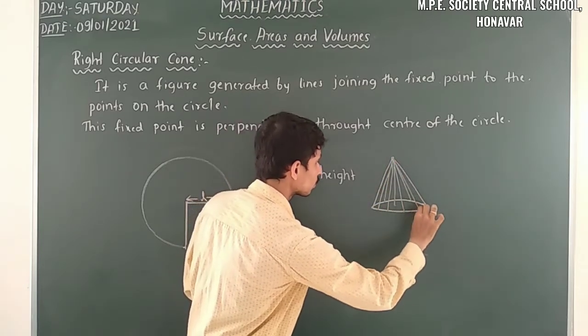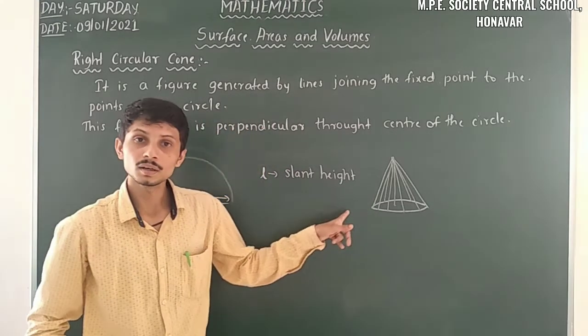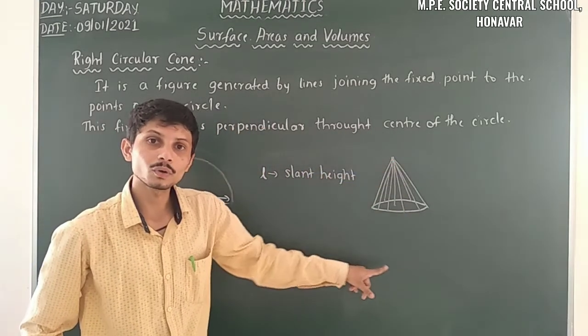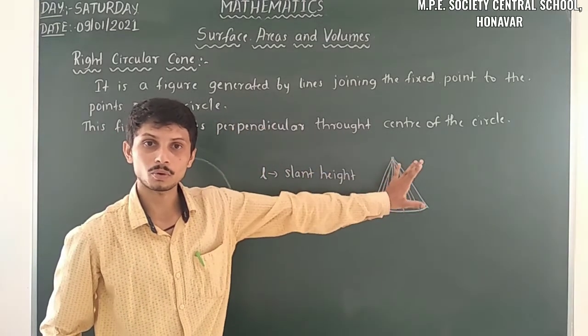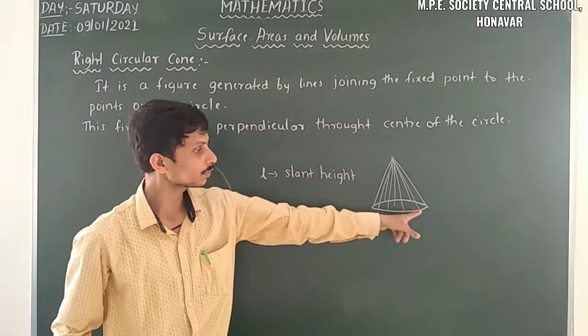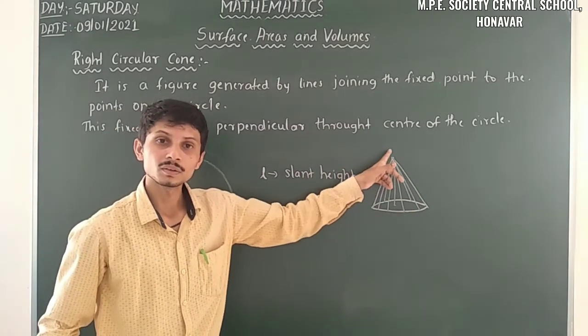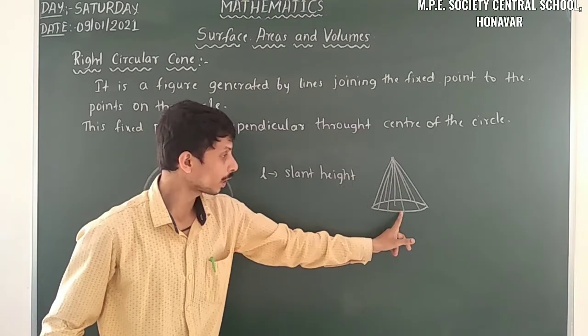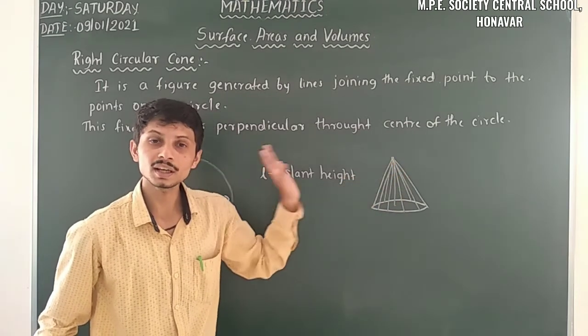This is a pictorial view of the cone, so we can write on the board like this. Here is the slant height: whatever line I joined between this point on the circle and the fixed point, that is the slant height.